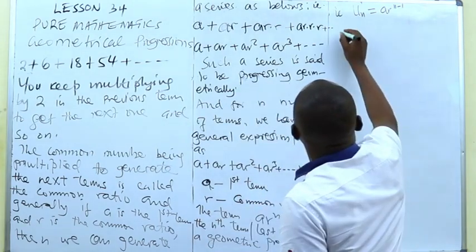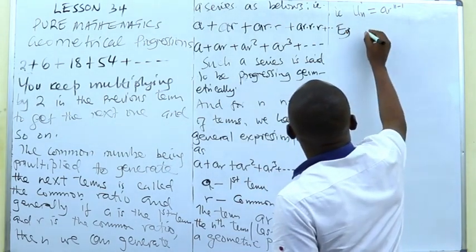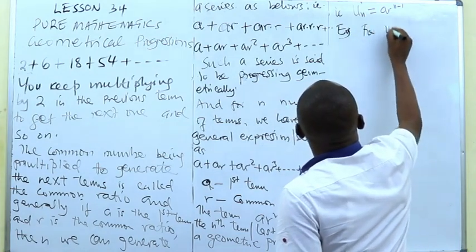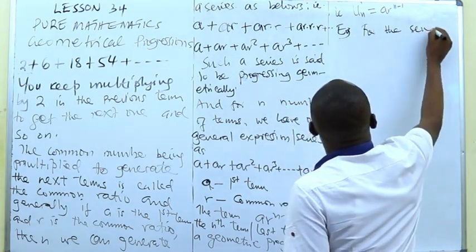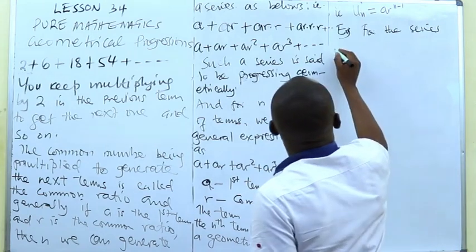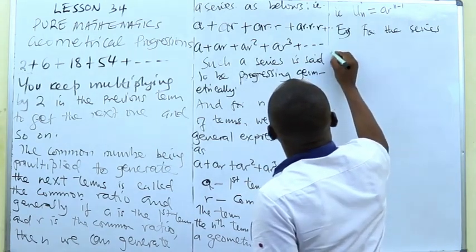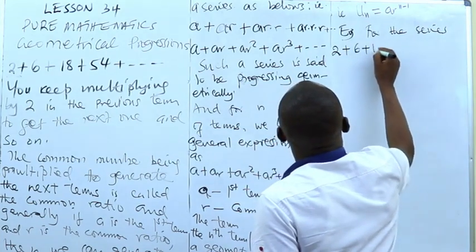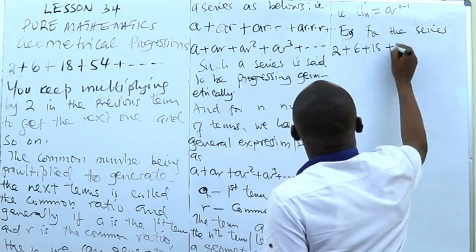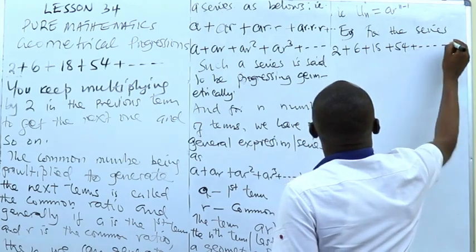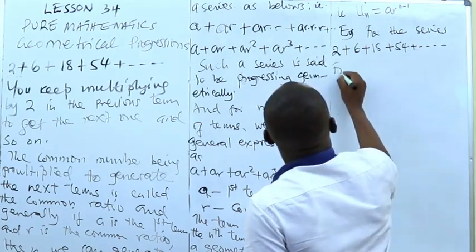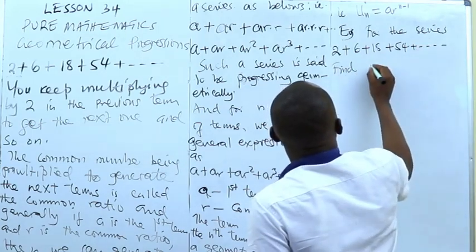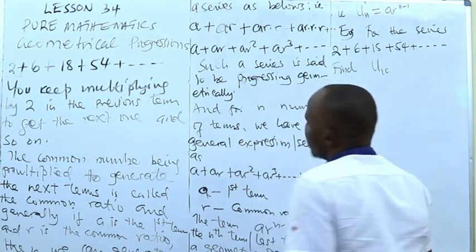So for instance, for the series 2 plus 6 plus 18 plus 54 and so on, find U10.